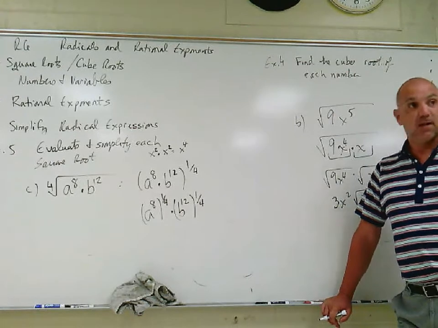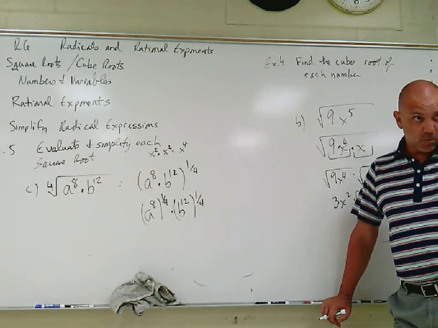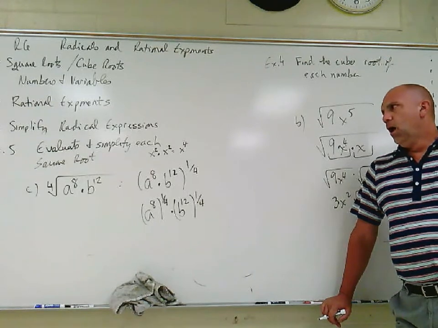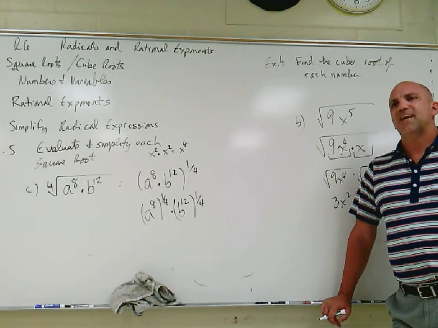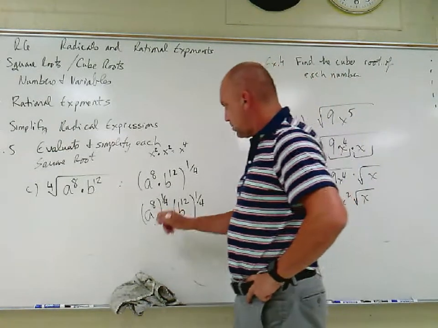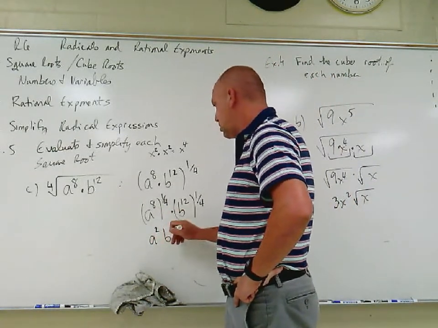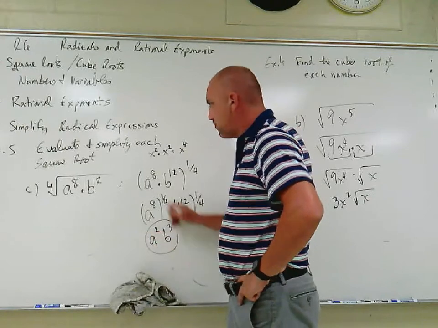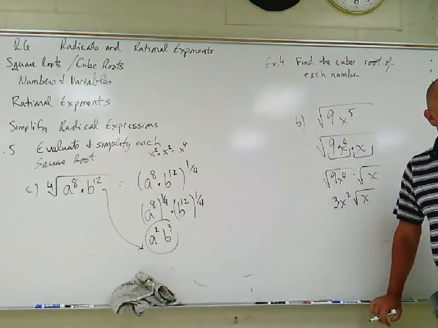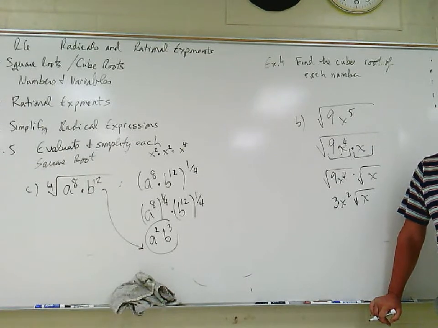And it should be the same as what you were saying, something that we multiply by itself 4 times. So what is a to the 8th to the 1/4? A to the 2nd, and this is b to the 3rd. Maybe if you can go straight from here to here, that's fine. You don't have to do that, but I'm just showing you that it means the same thing as the 4th root. Okay.